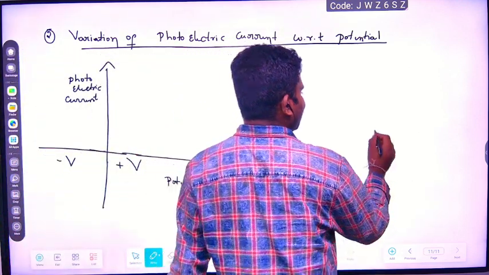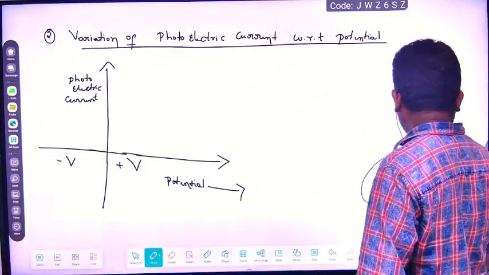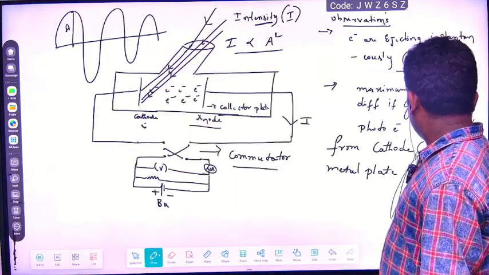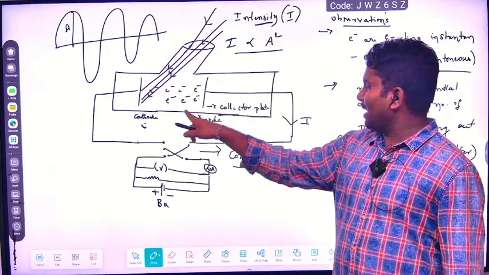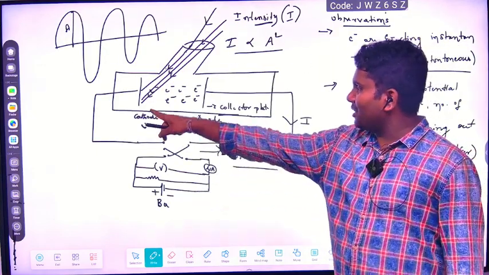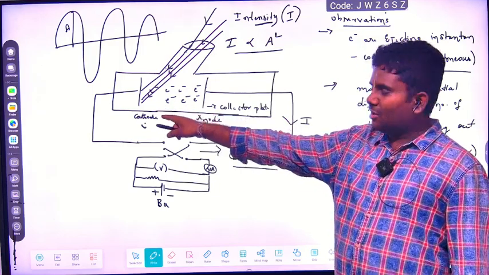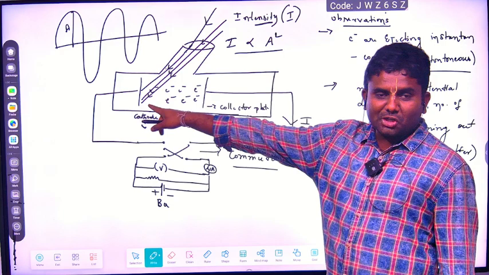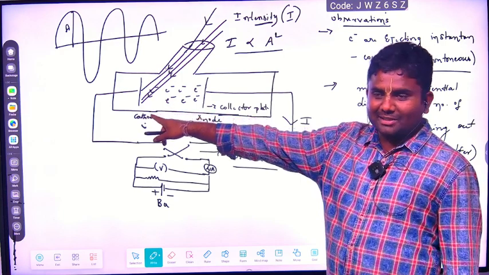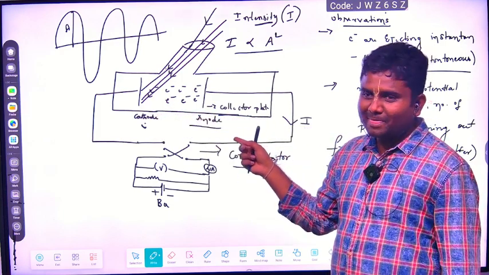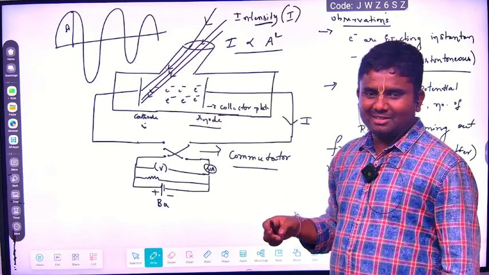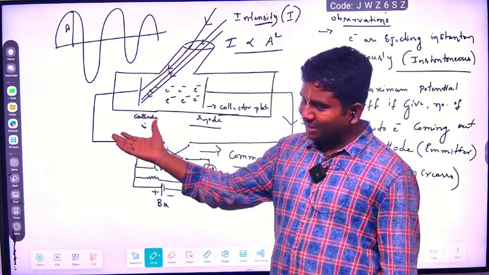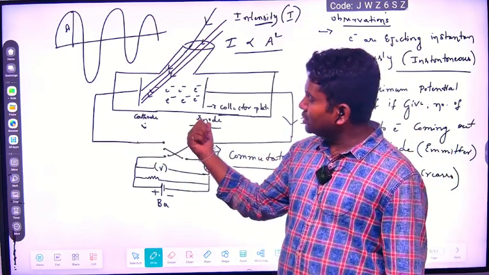You see in the diagram, there is a cathode and anode plate. We are giving a potential difference from a battery. Correct, right? From the battery, first I gave negative potential to the cathode plate and positive potential to the anode plate. Why did I give negative potential to the cathode plate and positive potential to the anode plate?